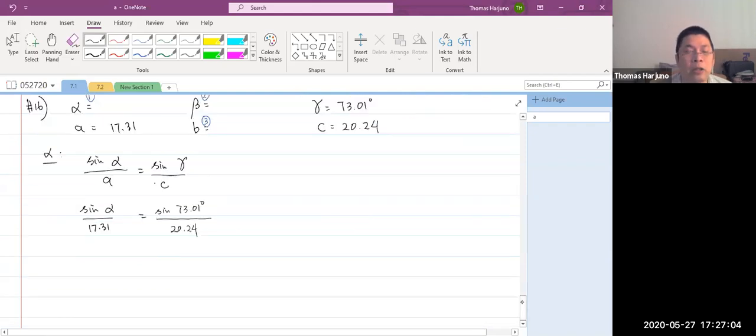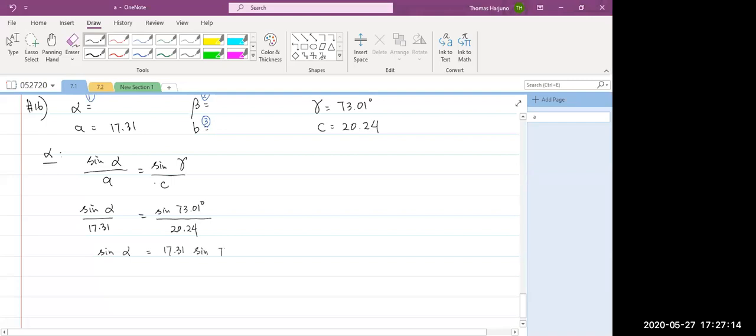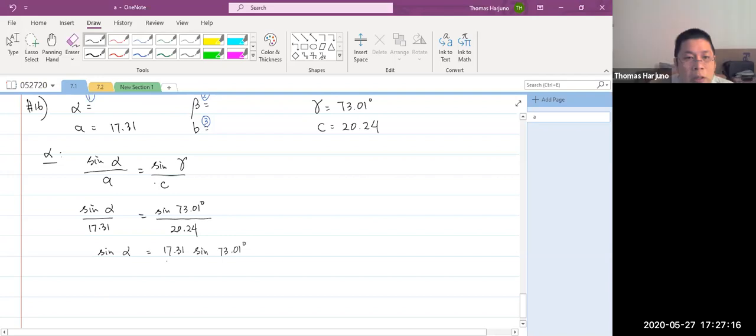Okay, you can start working on this on your own actually, but I will just do it too. So sine alpha is 17.31 sine 73.01 degrees over 20.24.